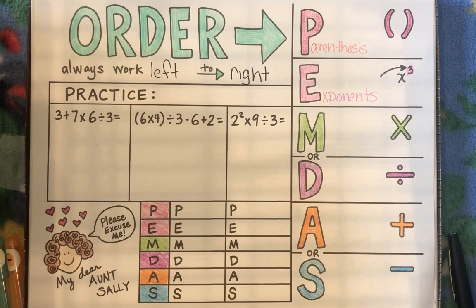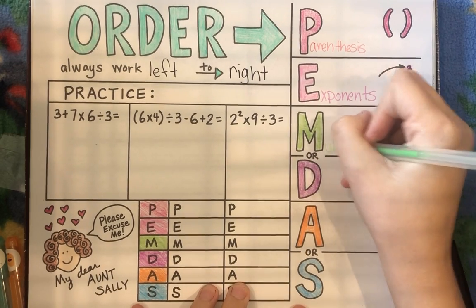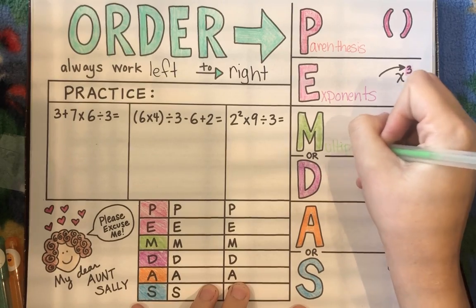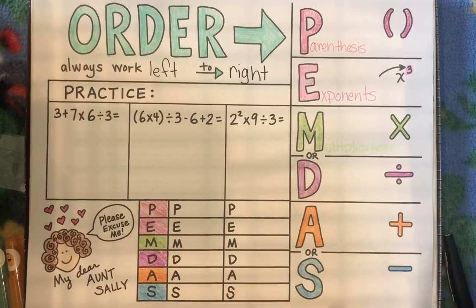After our exponents, we look for any multiplication.